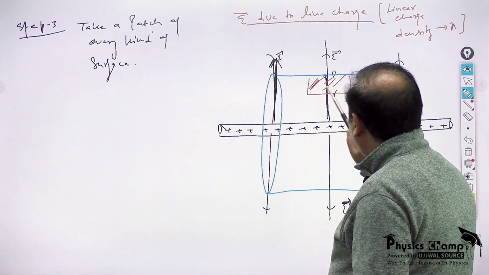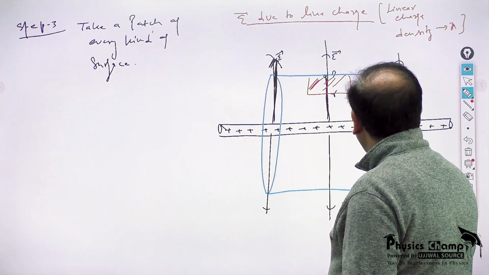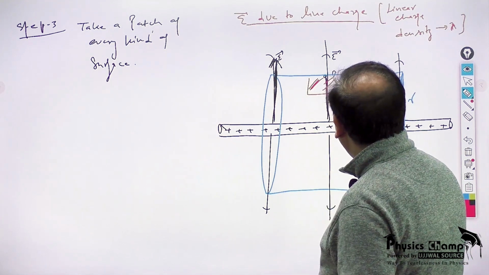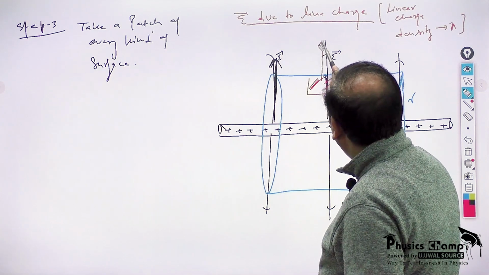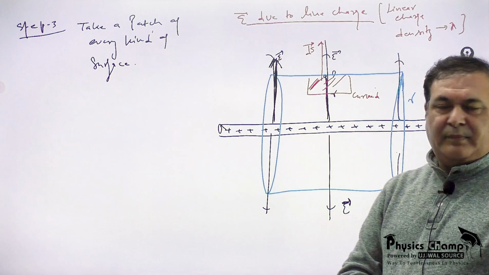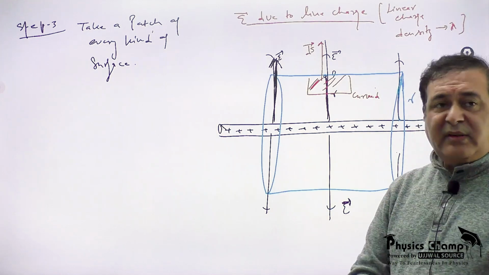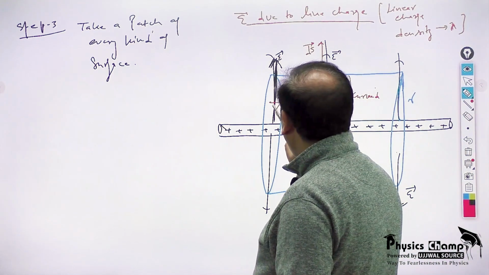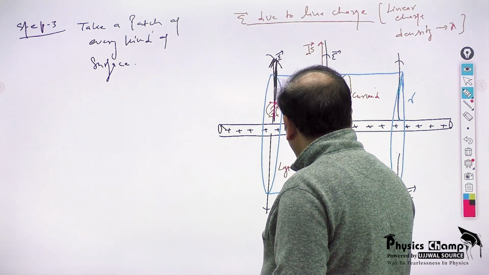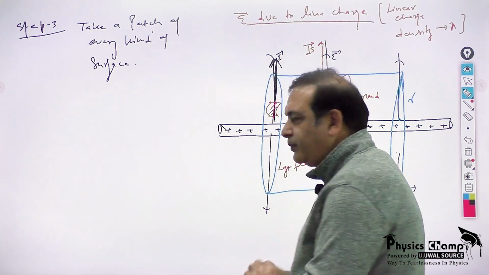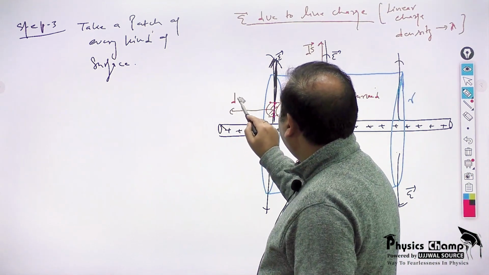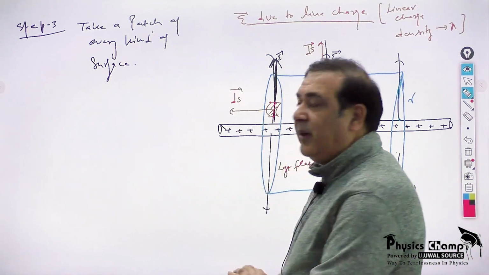One surface is this, I call it the curved surface. Its area vector will be here in the direction of electric field. The other surface, I take this one. This is the left flat surface. So its area vector dS will be here, which is perpendicular to electric field.